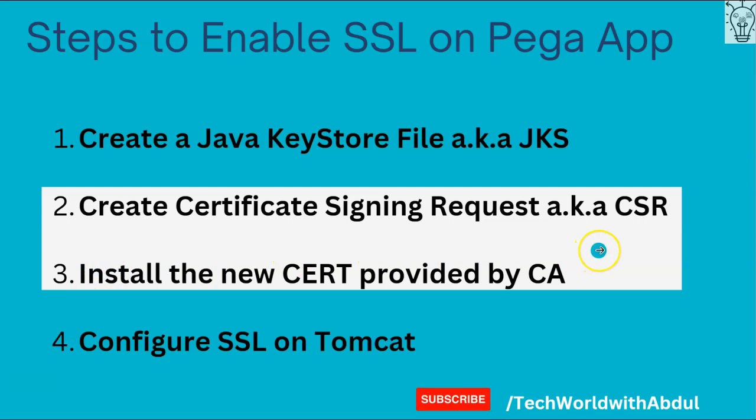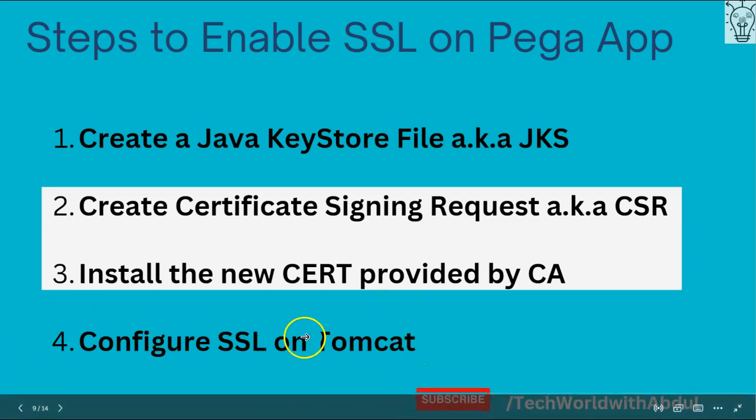These are not needed for your personal edition installation because we are going to use self-signed certs, which we also generated using the JKS file. Perfect. With that said, let's proceed further and understand how exactly we would configure SSL in our Tomcat.